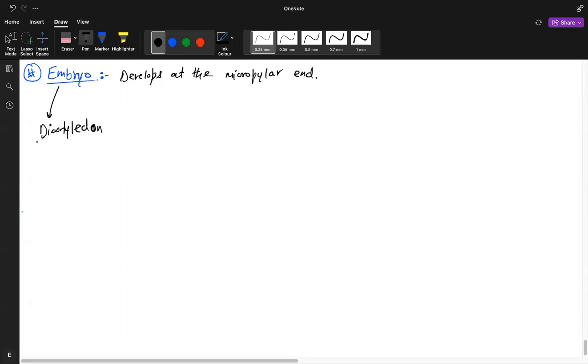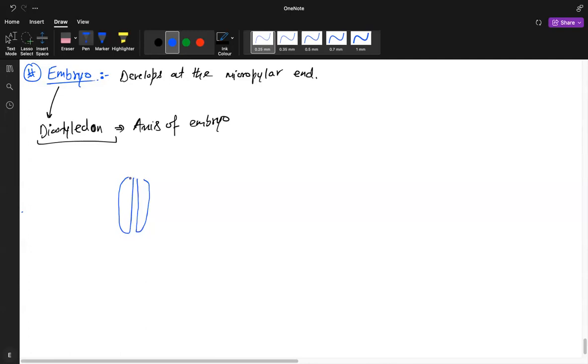in a dicotyledon embryo, there's an axis present. Axis of embryo is present. Dicotyledon simply means that this kind of embryo will have two cotyledons, 1 and 2.